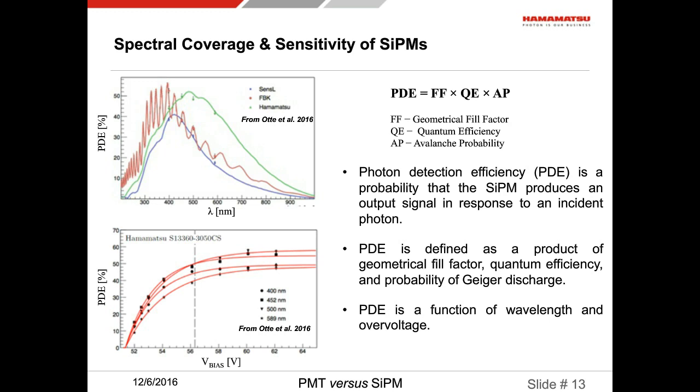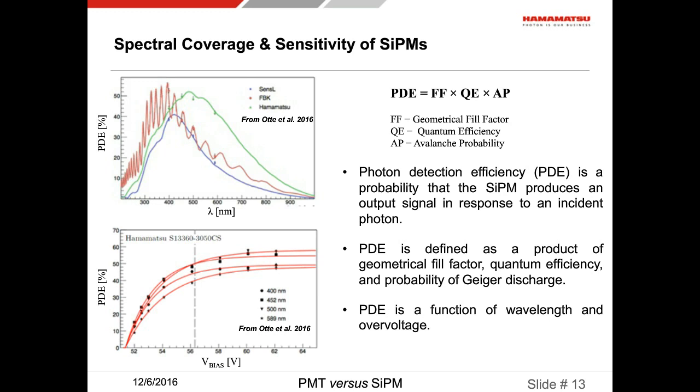We also see that the spectral coverage ranges from about 300 or so to 900 or so nanometers. As of now, the spectral response of SiPM is limited by silicon. There are no SiPMs made of other semiconductor materials at this time. However, this is likely to change in the future.